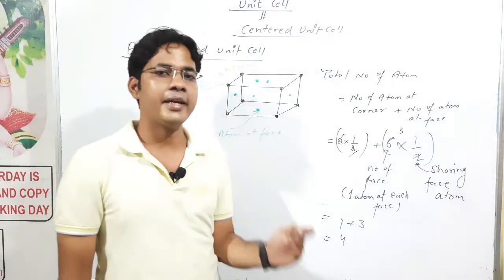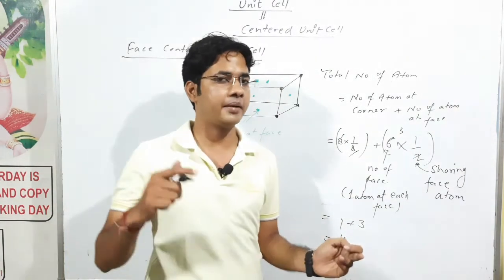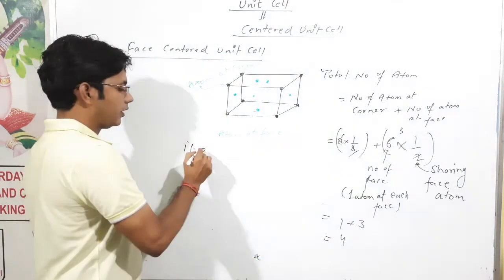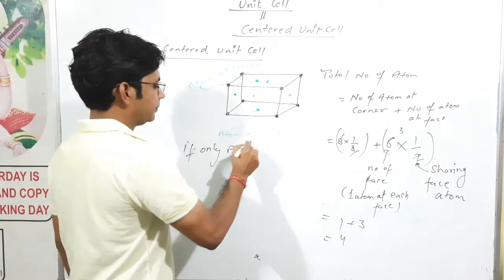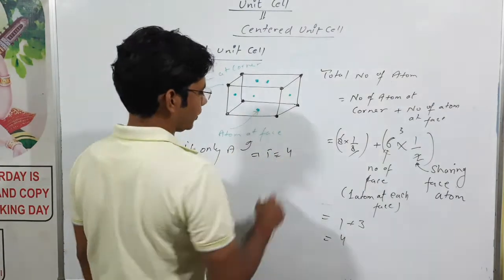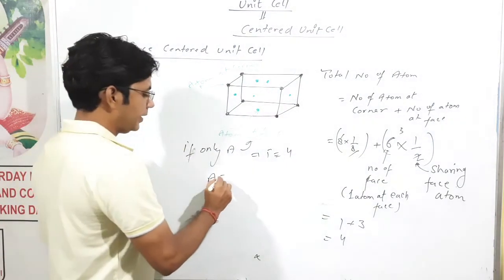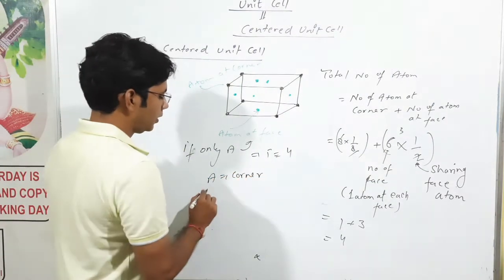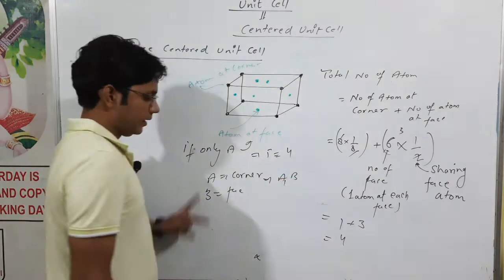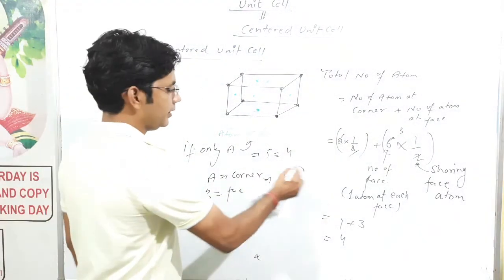Suppose only atom A is present, then the total number of atoms will be 4. But if A is at the corner and B is at the face, then the number of atoms will be: A will be 1 and B will be 3.